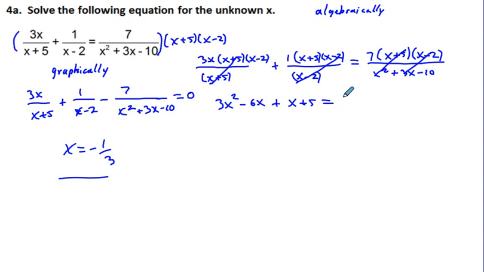And the right side we have equals 7. And we can combine like terms. We have 3x squared, and then we have minus 6x plus x, so that's going to be minus 5x. And then we're going to have plus 5 and minus 7 from the other side.